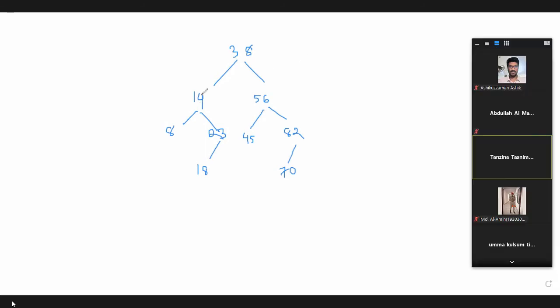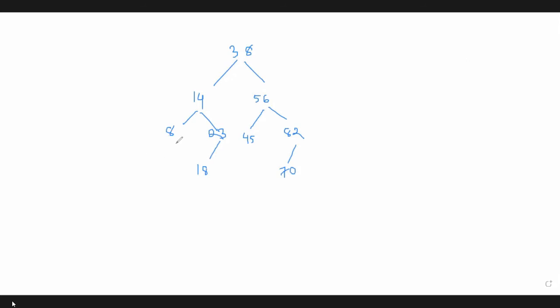For this node 14, this is the left subtree, but here there is only one node, and all the nodes in the left subtree of 14 should be less than that node. And this is the right subtree, and you can note that here 23 and 18, these two nodes are greater than 14, and in the right subtree all these nodes are greater than 38. So this is a binary search tree.